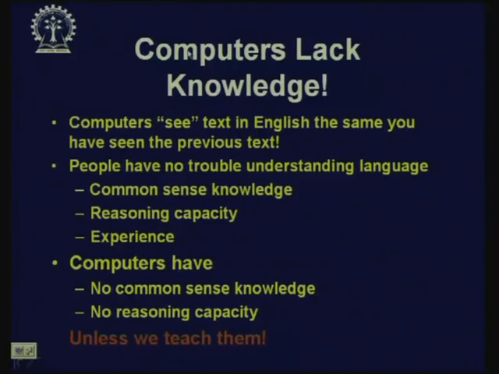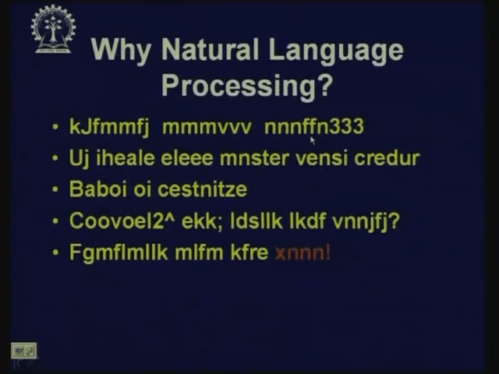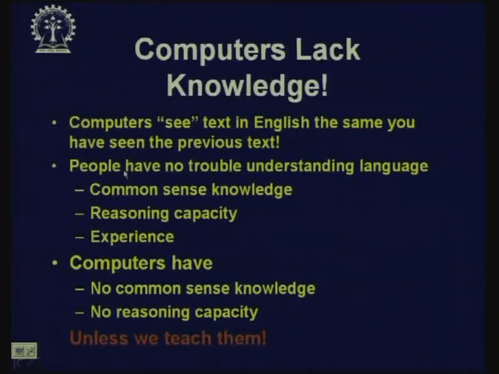So, using that compiler based on that grammar, we have imparted to the computer the knowledge of the C language. Similarly, computers by themselves lack the knowledge. So, they see the text in English the same way you have seen in the previous text, nothing but a bunch of symbols, and what is required is interpretation.